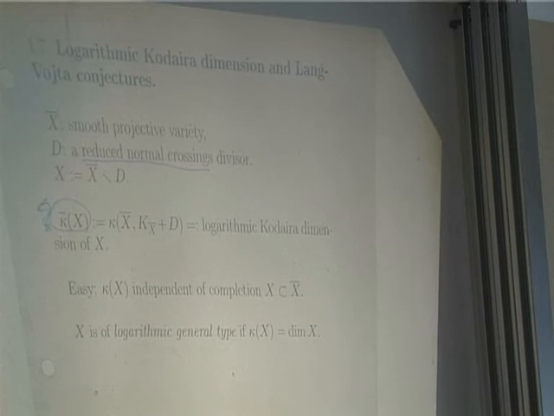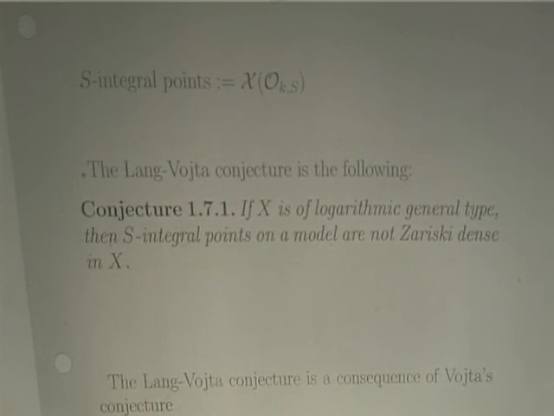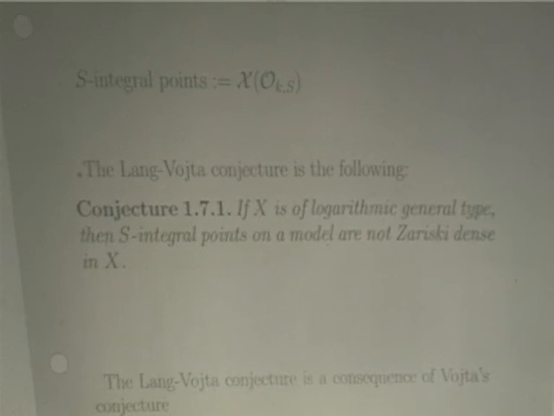And we have an analog of Lang's conjecture, which is the following. Remember that I need to work with integral points, and integral points live on integral models. So I have to spread out my variety over a ring of integers.